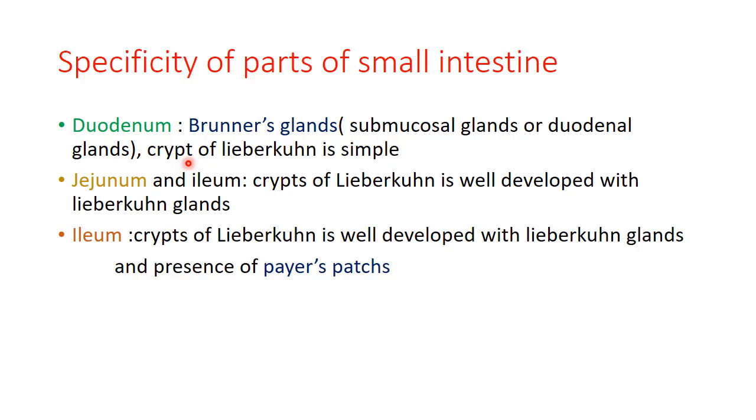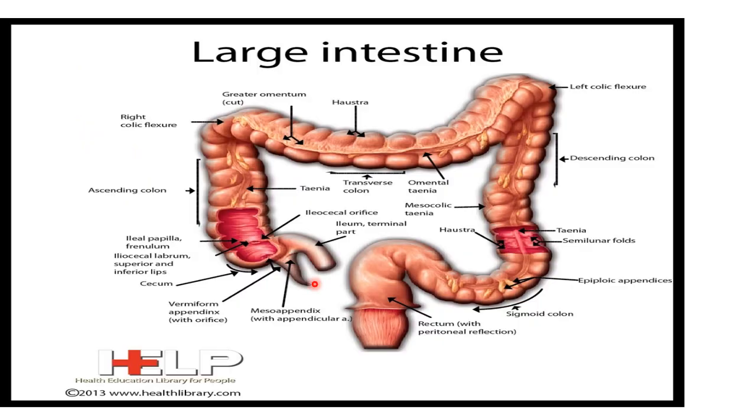In the jejunum and ileum, the crypts of Lieberkühn are well developed, with glands like Paneth cells. The ileum, apart from having crypts of Lieberkühn, has structures known as Peyer's patches. These are lymphoid tissue present only in the ileum, so we can differentiate the ileum by the presence of Peyer's patches.